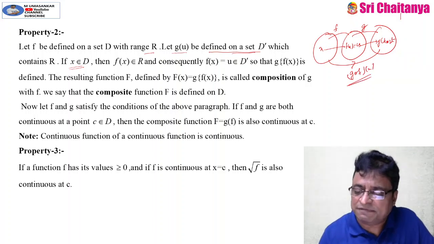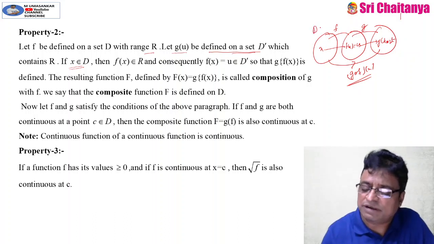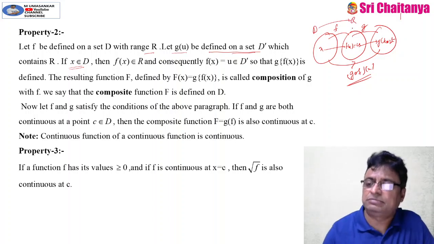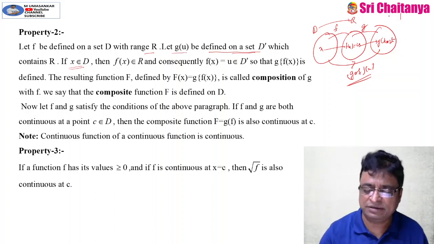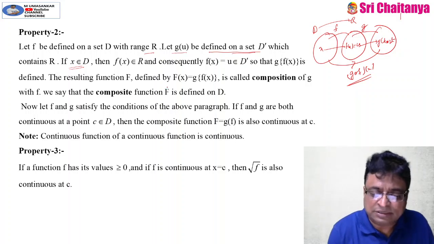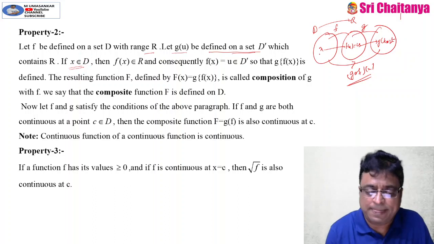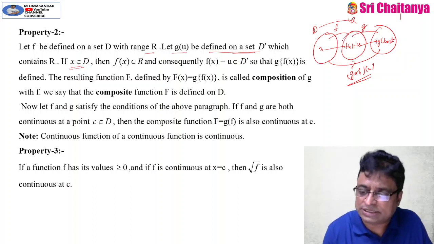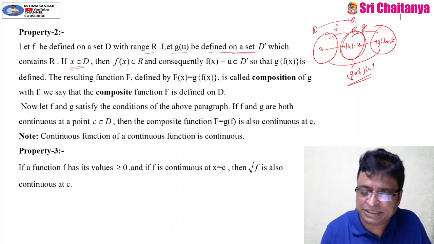That means if f is a function from D to R, and g is a function from R to D dash, then if you read it properly, if x belongs to D then f of x belongs to R, this is the range, and f of x is equal to u, this is in D dash.